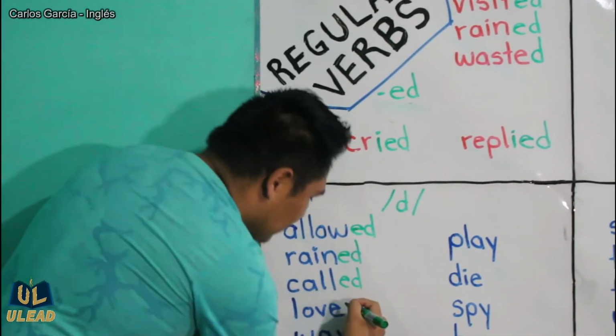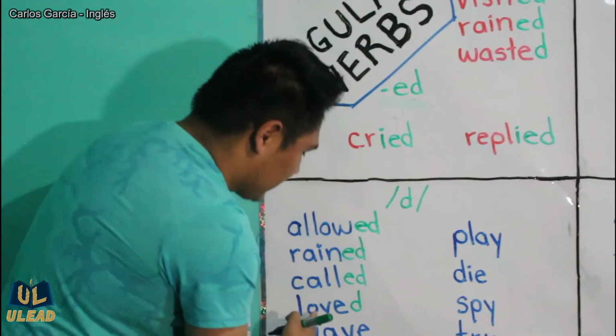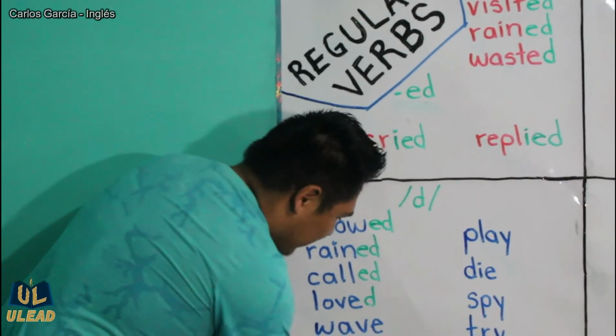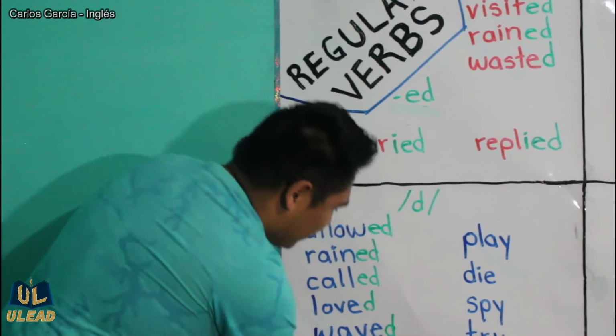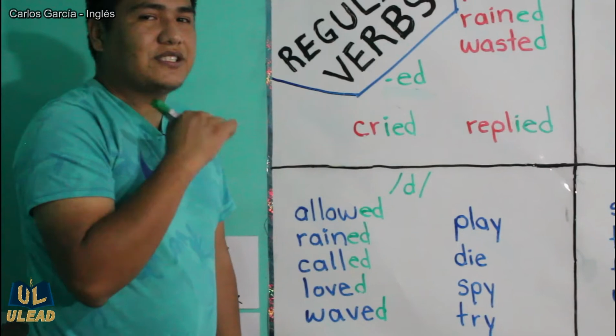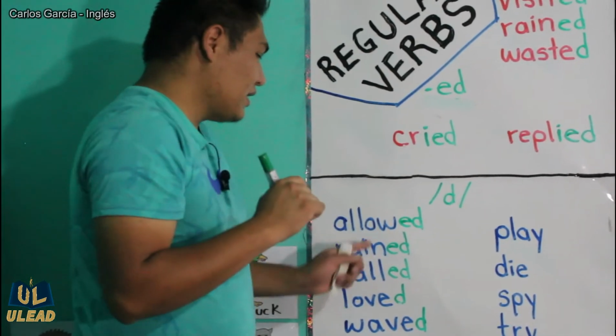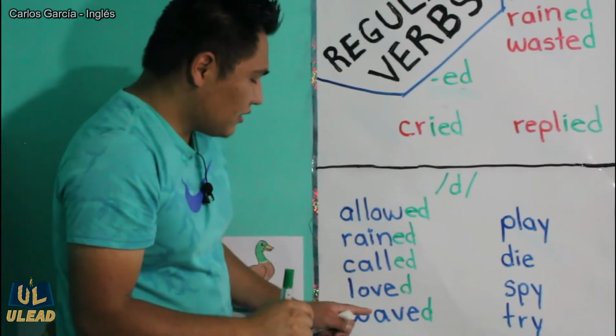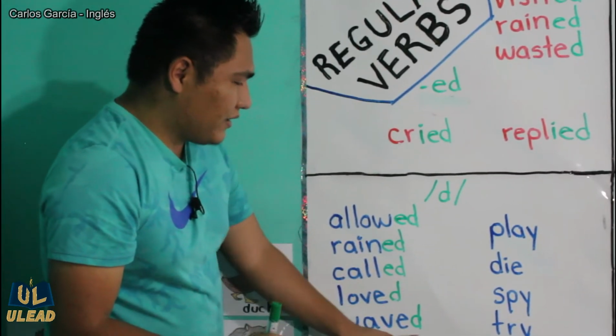Okay. Called. Loved. Okay. Well, love. Loved. Okay. Wave. Waved. Waved. You see the sound? It's a voiced sound. It comes from your throat. Allowed, rained, called, loved, waved.